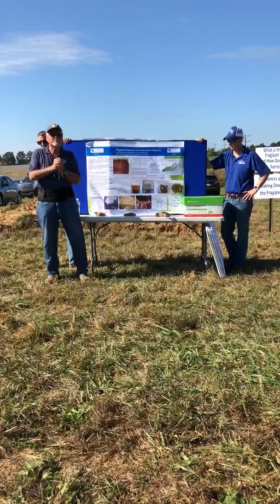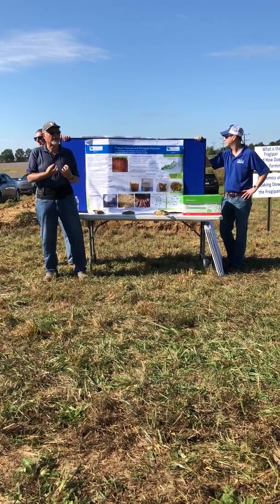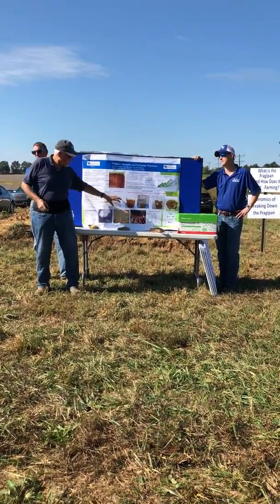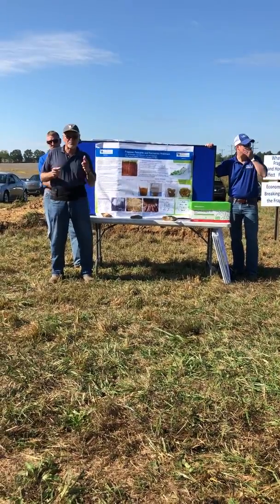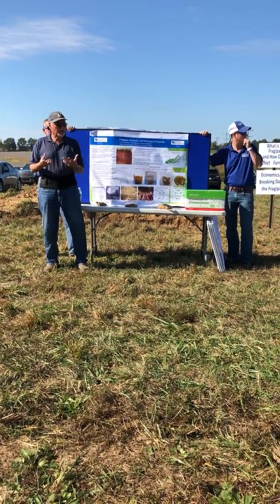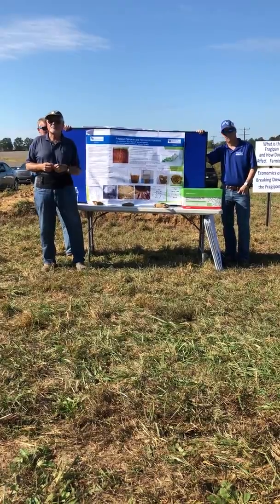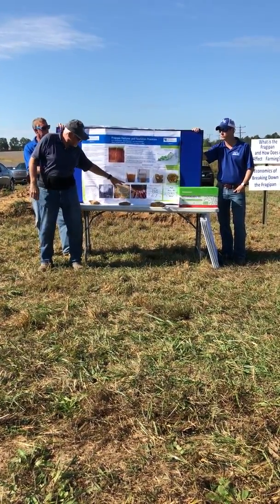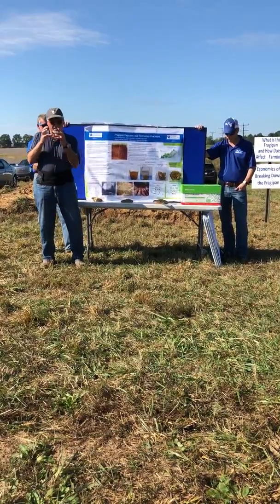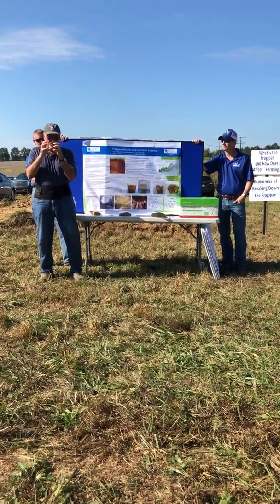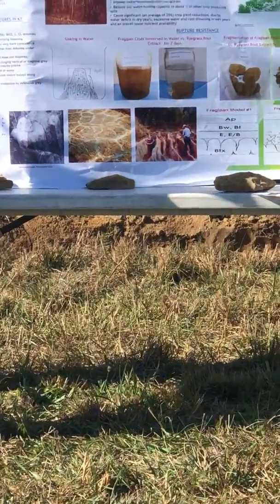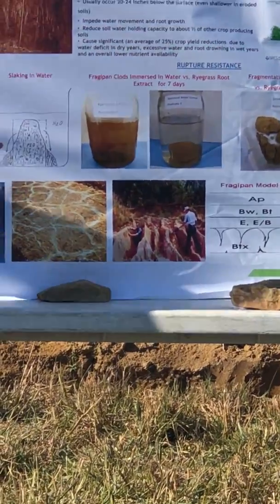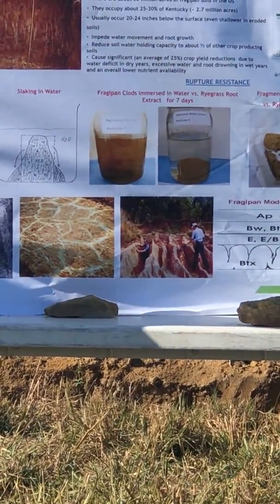And we strained them and we used that extract, that solution, instead of water. And we immersed a similar kind of clod, taken again from here. Now this is a picture taken after 7 days. You cannot see it clearly because the ryegrass root extract has a little color to it because of its organics, right? But if you look closely, you see it has started already falling apart.